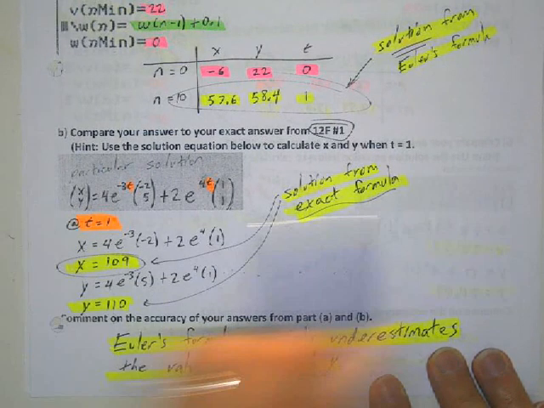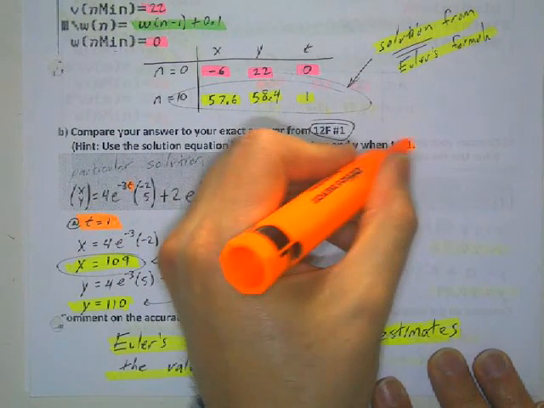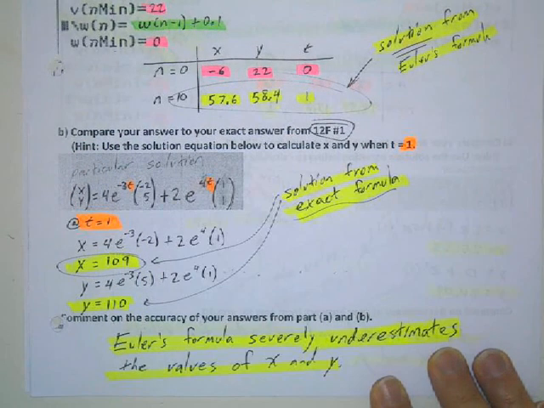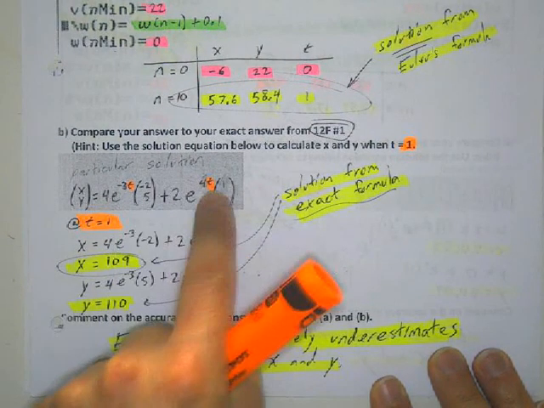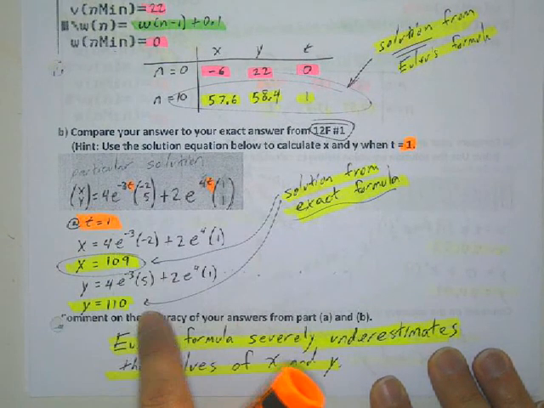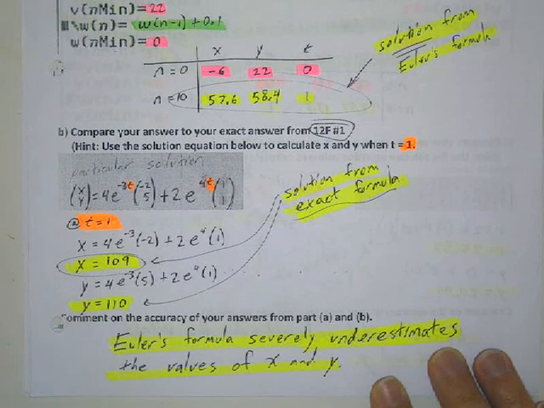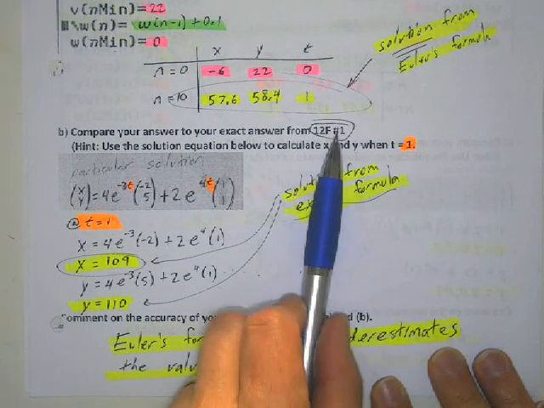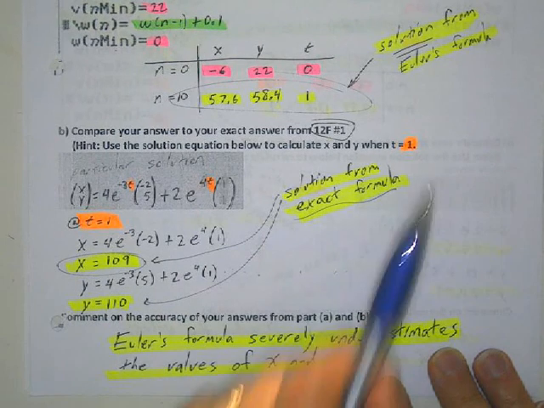We're trying to figure out when t equals 1, so to get my exact answer, I plug in 1 here, and then I got these exact values for x and y. As you recall, when you did 12F, that assignment was very labor intensive to figure out the x and y value at a particular t time.